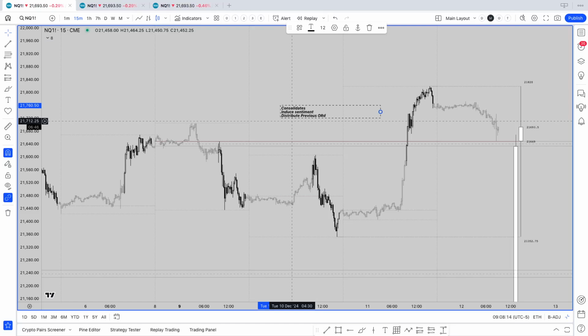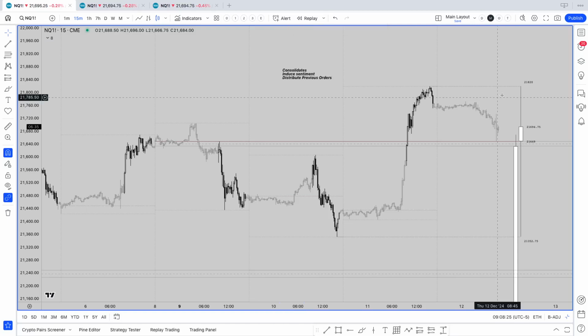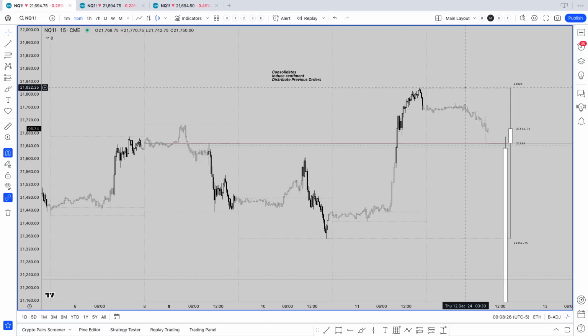Okay, so these are the 3 elements that I always consider in the analysis that I do on the overnight price action.